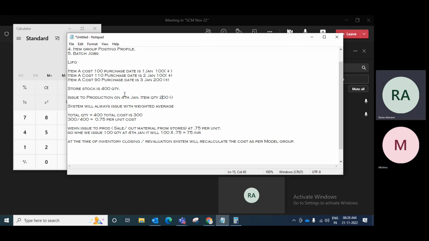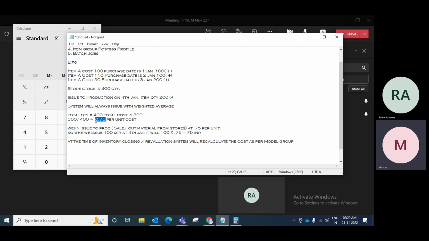No, no. See, while calculating weighted average cost, you have to consider how much is available. When you have 400 quantity available, your weighted average cost is 300 divided by 400, which is equal to 0.75. Whatever you issue, until you issue all 400, the rate will be 0.75 only.